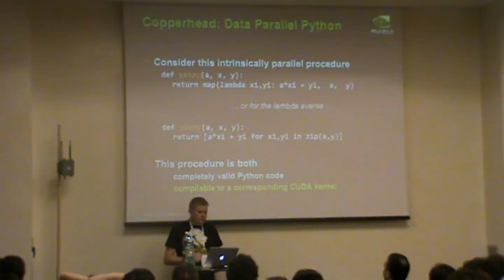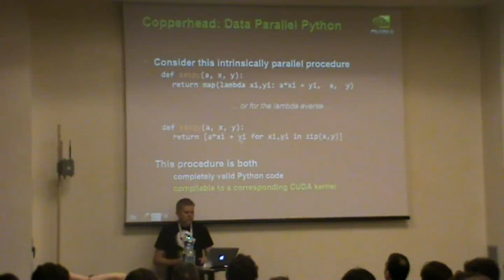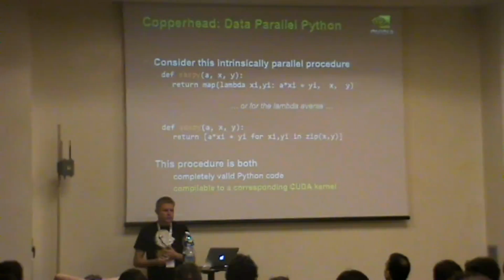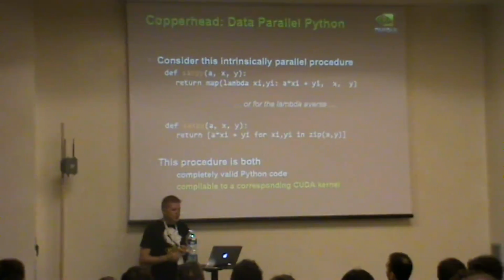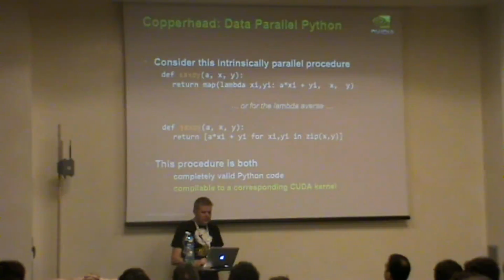This is an example of a vector multiplication in just very small Python code. And if you know Python, it's very easy to understand.